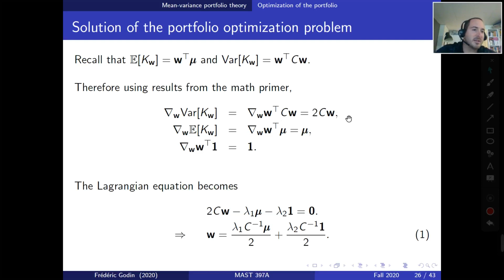This helps us find the solution of the problem. So now we have the gradient for the objective function, the variance.